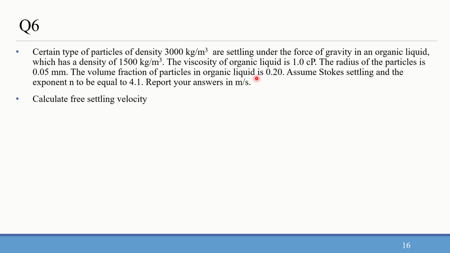And the volume fraction of the particles in the organic liquid is 0.2, and we are asked to assume Stokes settling and exponent n is 4.1. So now, first, we are asked to calculate the free settling velocity. Since by now we know the free settling velocity, I'll give you 1 minute.